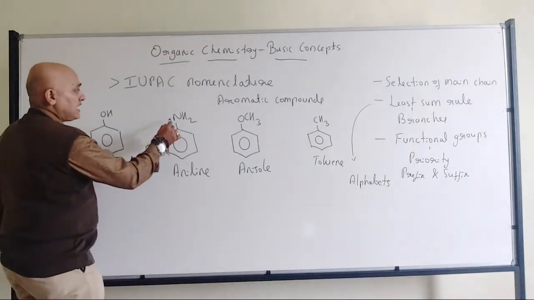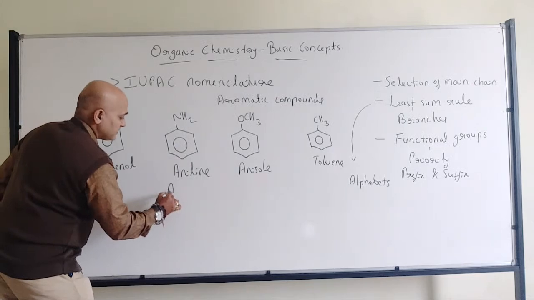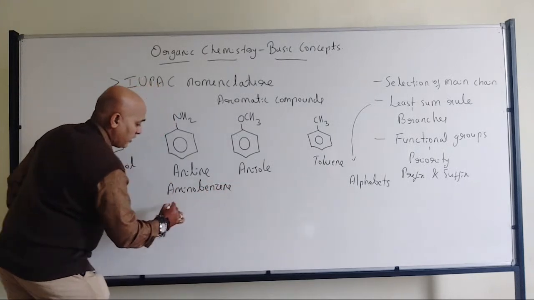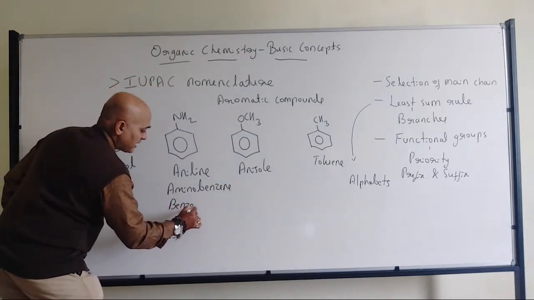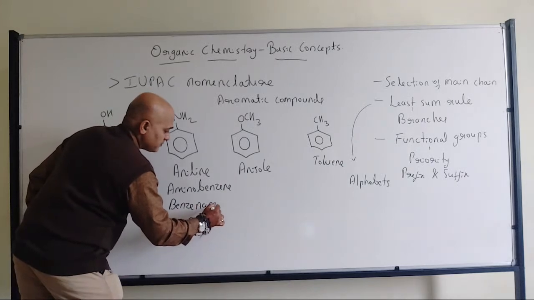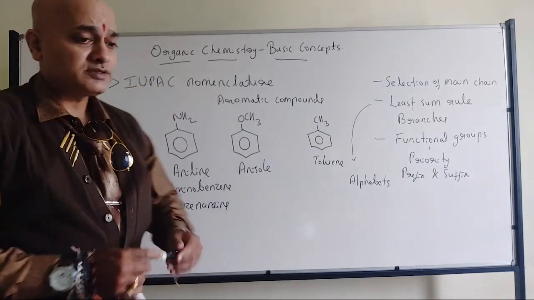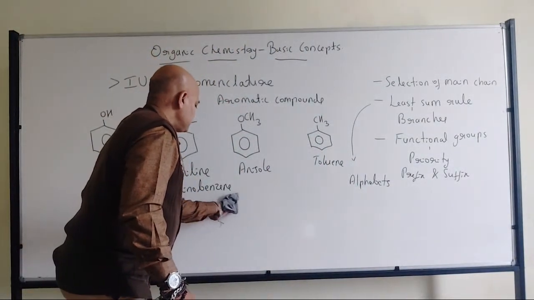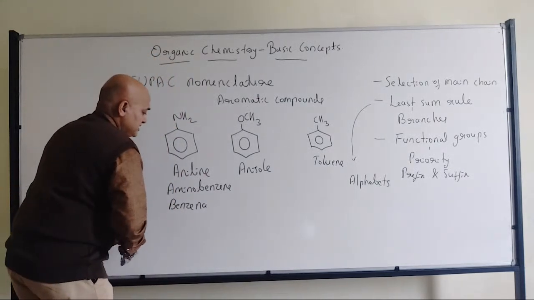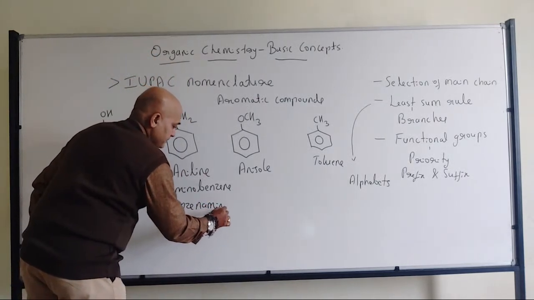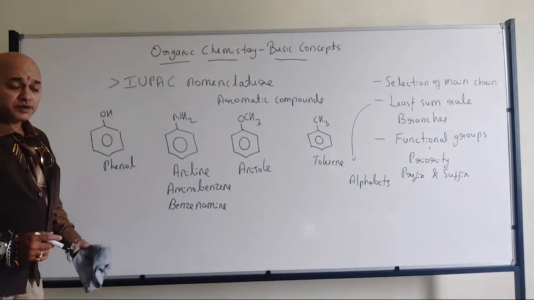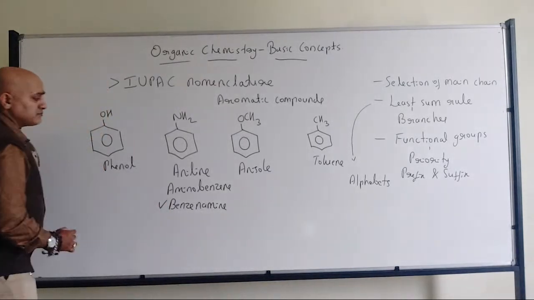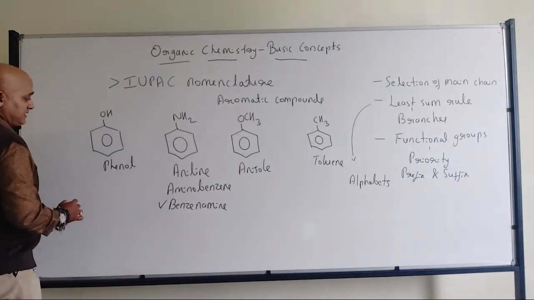Aniline can be called aminobenzene, or we can use the word benzenamine, where the amine group is the substituent, the functional group. Since the amine group is a functional group used as a suffix, you can go with benzenamine or aniline, etc.